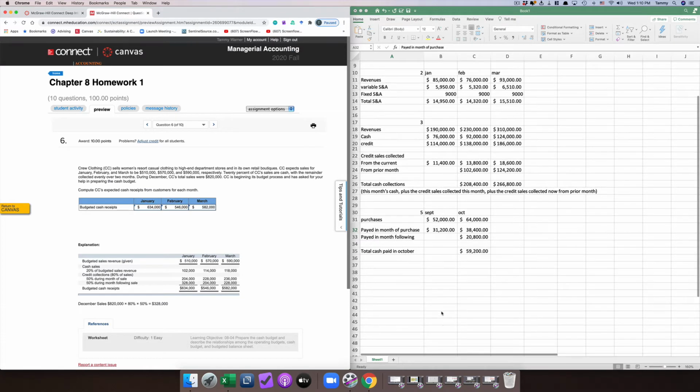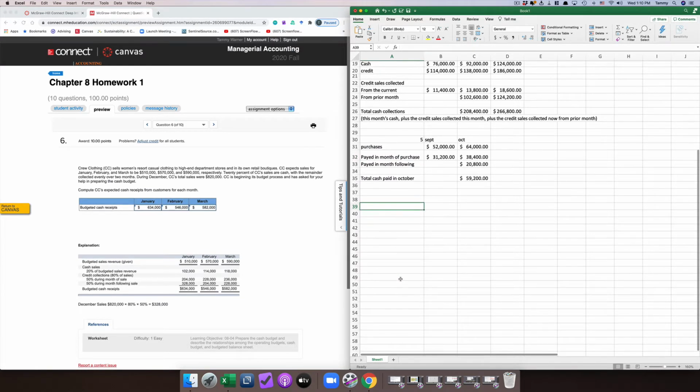Question 6. Crew Clothing sells women's resort casual clothing to high-end department stores and in its own retail boutiques. They expect sales for January, February, and March to be 510, 570, and 590.